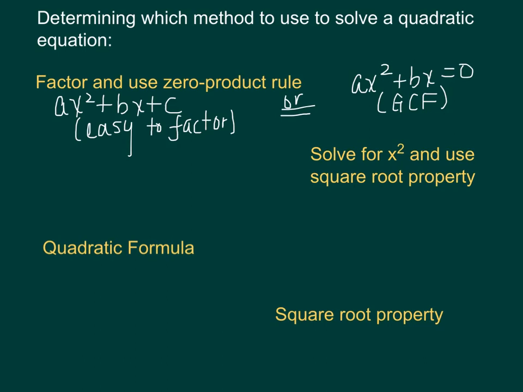You would solve for x squared and use the square root property if it had no middle term. So you'll get the x squared by itself and then use the square root property. And you can also use the square root property if it's in this form.